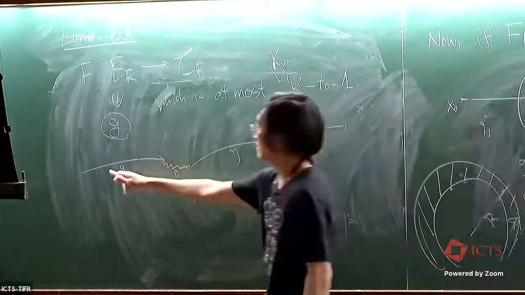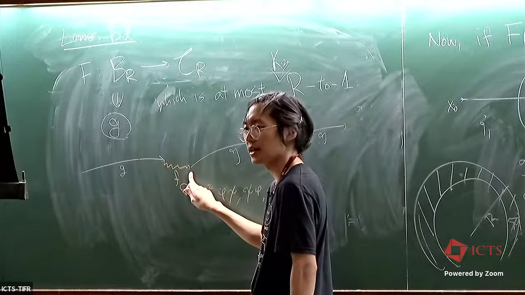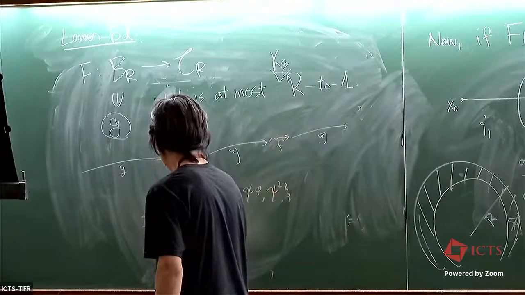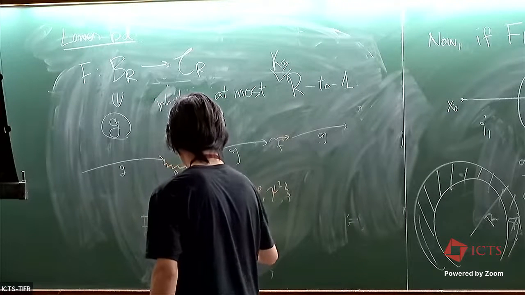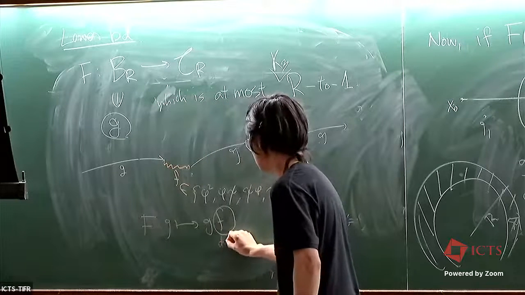And this is almost the length of the closed geodesic that you get. So F is G sent to GF, where F is from this set.